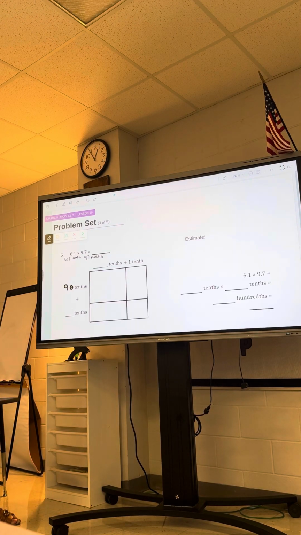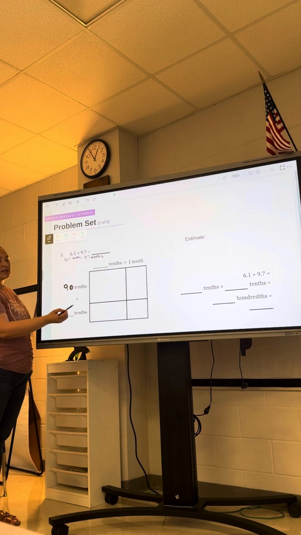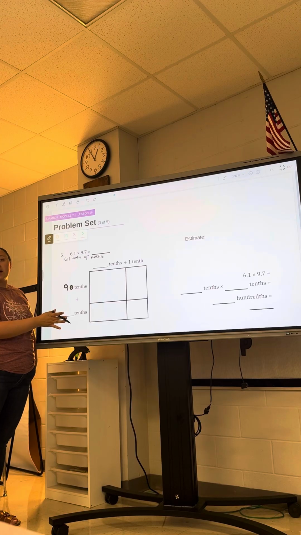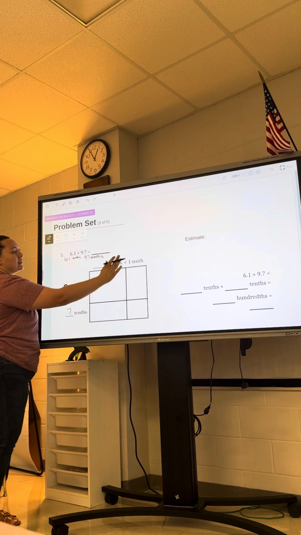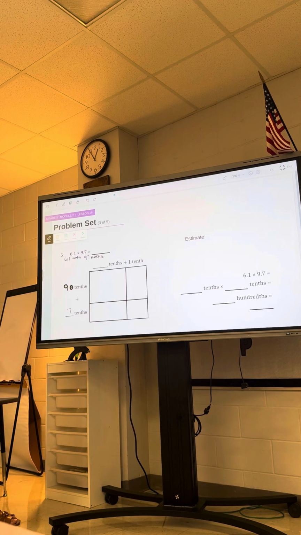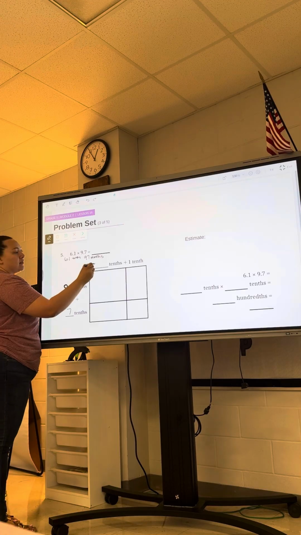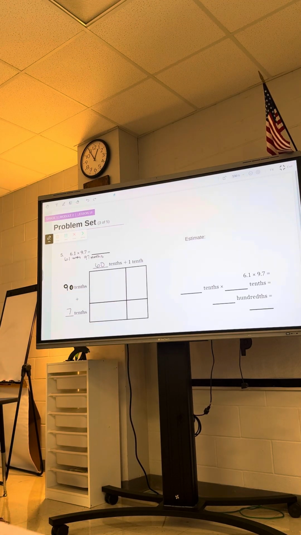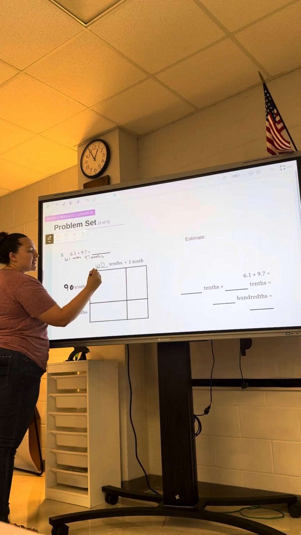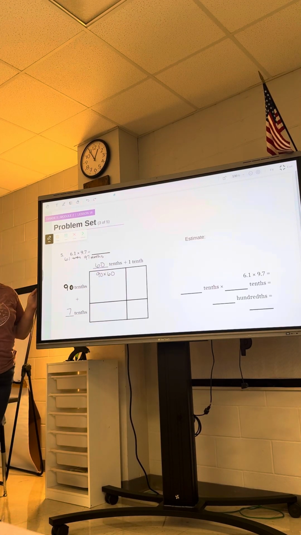90 tenths plus what? To make 97, I need to put 90 and, Levi? 7. What about for 61 tenths? I need blank and 1 tenth, which would be, what's the other one? Jaden? Good. Now just like normal, 90 times 60. What is 90 times 60? Laura?